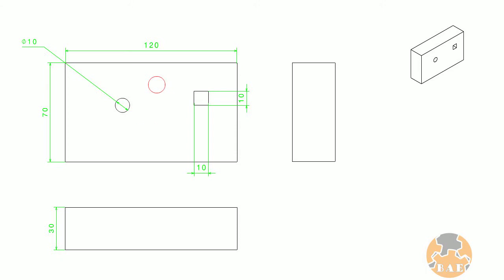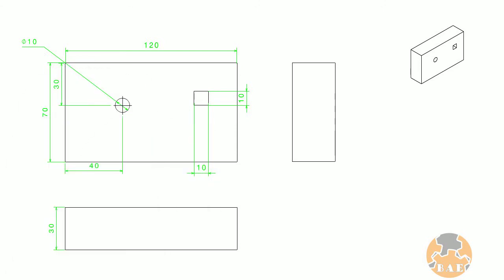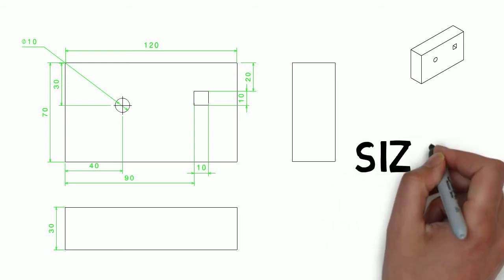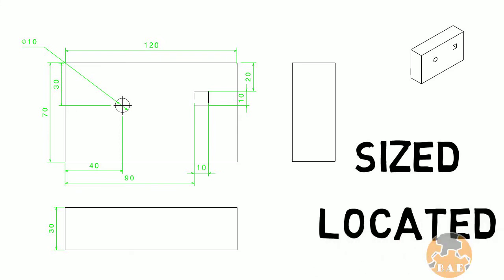Here this hole is at 30 mm vertically and 40 mm horizontally, and this square is at 90 mm horizontally and 20 mm vertically. Now we have defined the locations also for each feature, meaning we have followed both rules. We have sized every feature and we have located every feature. Anyone can easily understand this drawing and make the part.